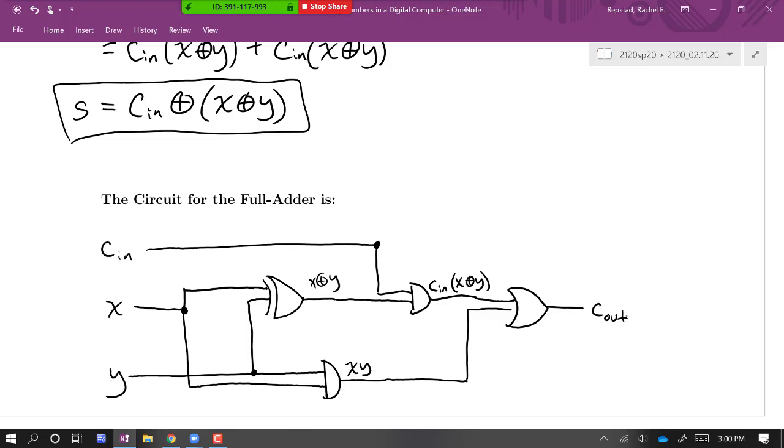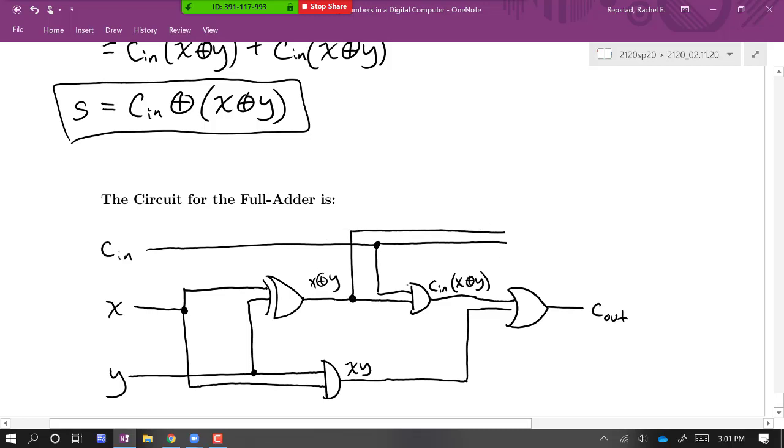So we said that we could reuse this output from the X XOR Y, and then we're going to pass that through an XOR gate with the carry in digit. So let's see. Sometimes things still get a little messy, but that works, right?